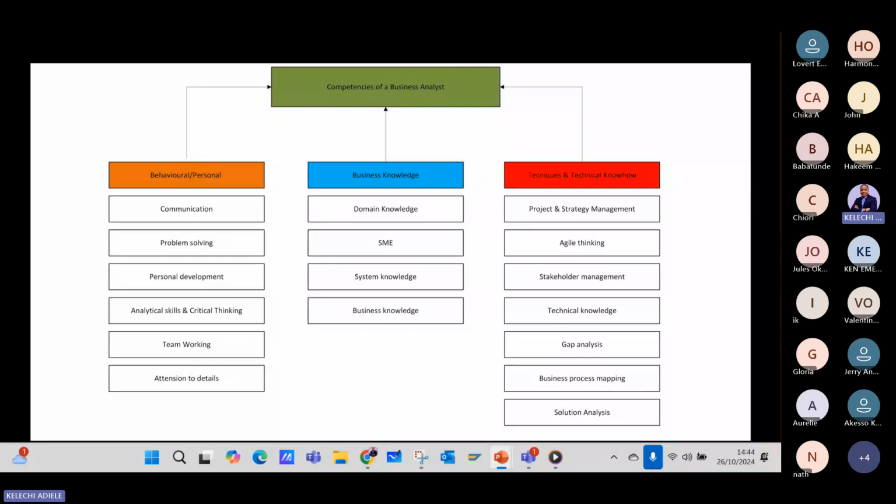If you are, for example, part of this course, we will be learning SAP. However, you can join a project where the system is Dynamics or Sage or Oracle or any of these ERPs. It's left for you as the BA to quickly upskill in that area because you need to understand how the system works. Remember, the BA is sitting between IT and business.